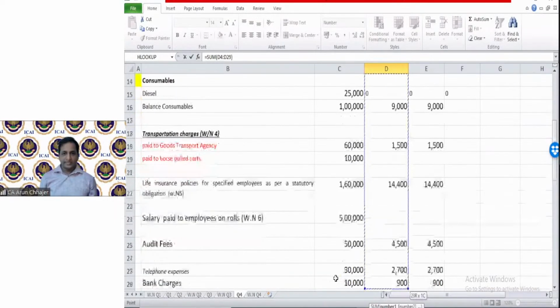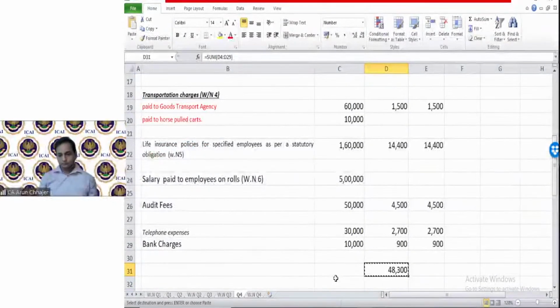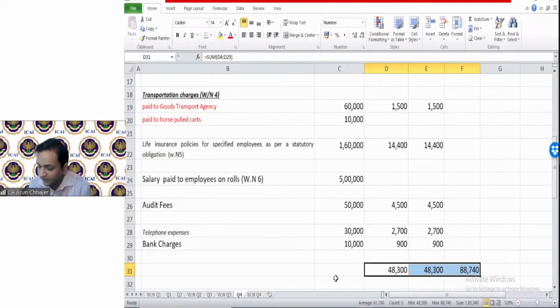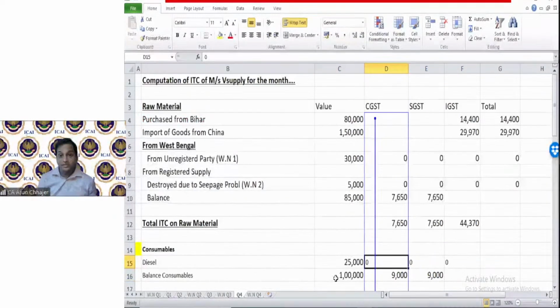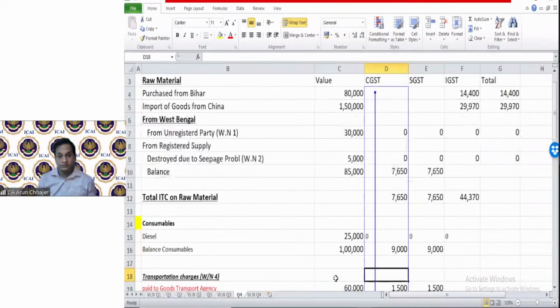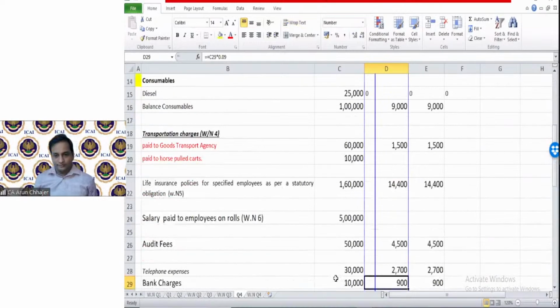So by which I think the ITC part is completed. 48,300, 48,388, 470. Is there any doubt, any concern? So we can relook into that. Let me check once again.